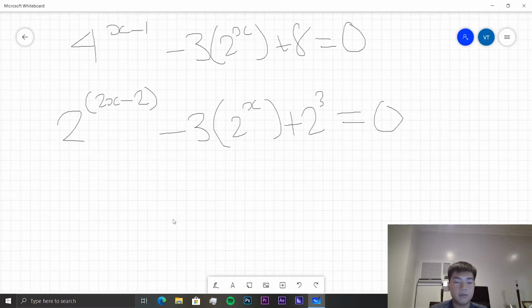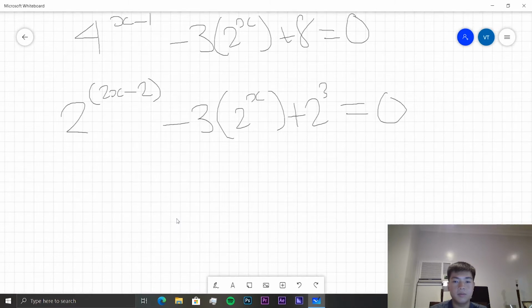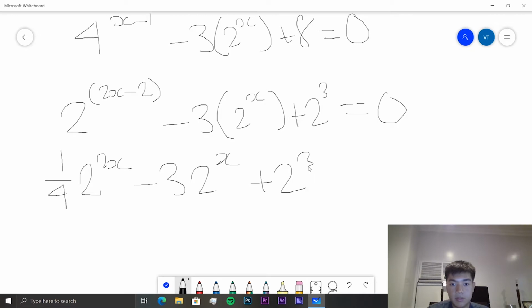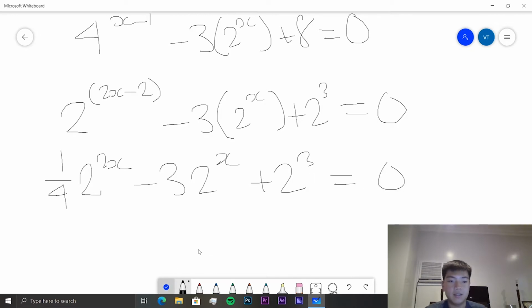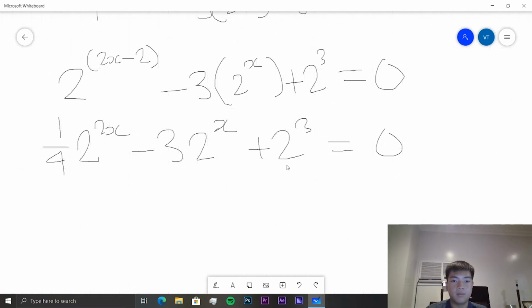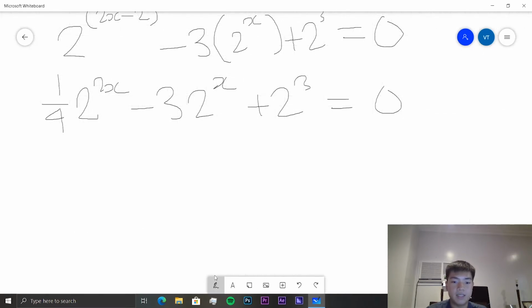So this is equal to 1/4 times 2 to the 2x minus 3 times 2 to the x plus 2 to the 3. What we're saying is that effectively we can treat this as a quadratic.